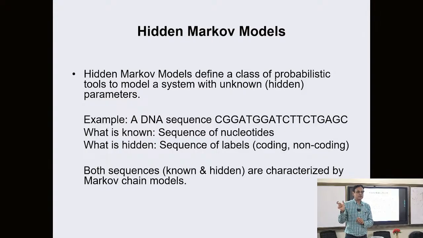Longer window sizes give more information, but they reduce the resolution of finding the boundary between protein coding and non-coding sequences, because the resolution is only as good as the window size. If the window is longer, the resolution is bad.